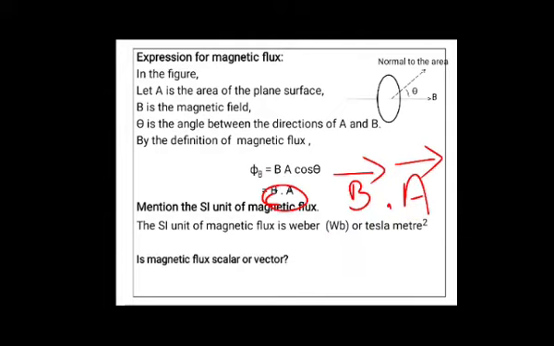And whether magnetic flux is a scalar or a vector quantity: magnetic flux is a scalar quantity. Since we are talking about the number of magnetic field lines passing, number means definitely no direction, so it must be a scalar quantity. Okay, remember this.